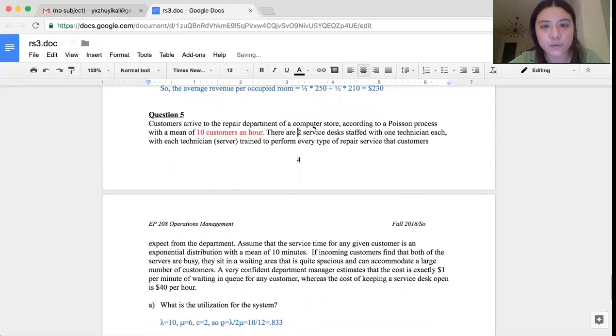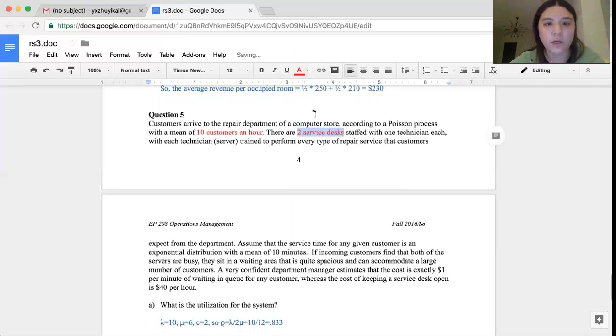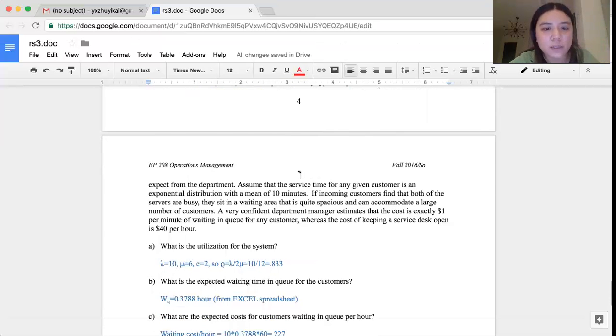And there are 2 service desks staffed with 1 technician each. So there are 2 service providers, with each technician trained to perform every type of repair service that customers expect from the department. Assume that the service time for any given customer is an exponential distribution with a mean of 10 minutes.